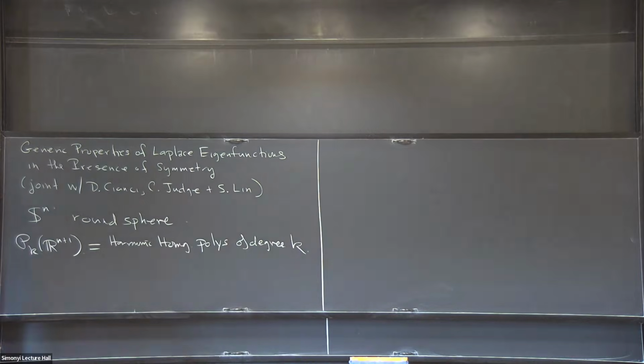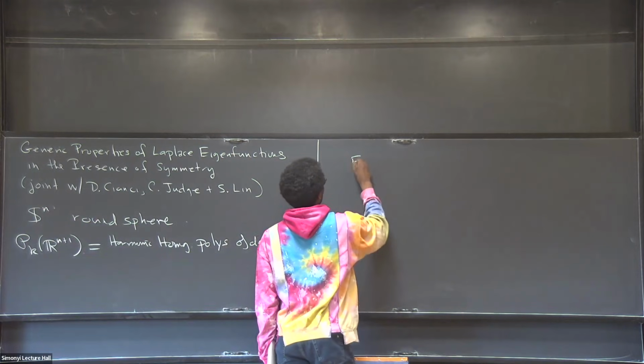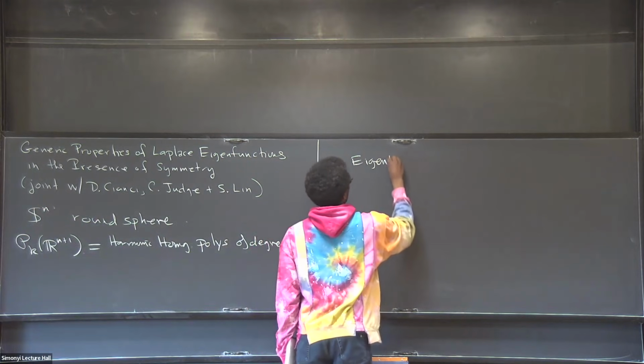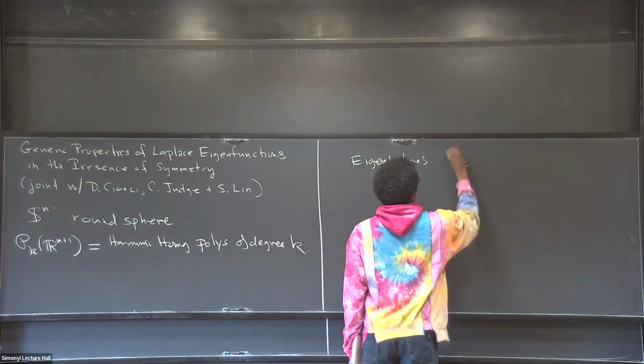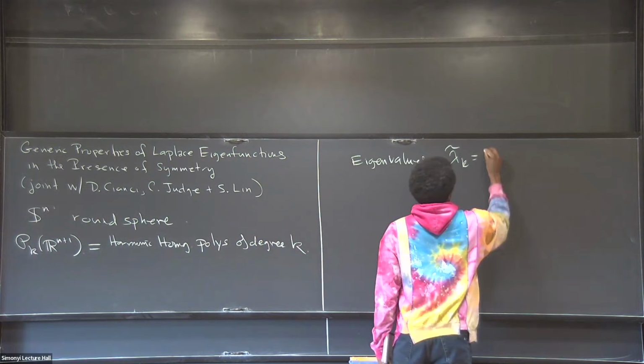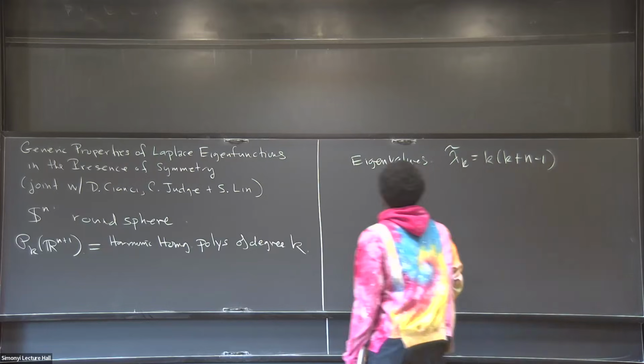From this information we can state exactly what's going on. For our eigenvalues, if we ignore multiplicities, we're going to get k times (k plus n minus 1).